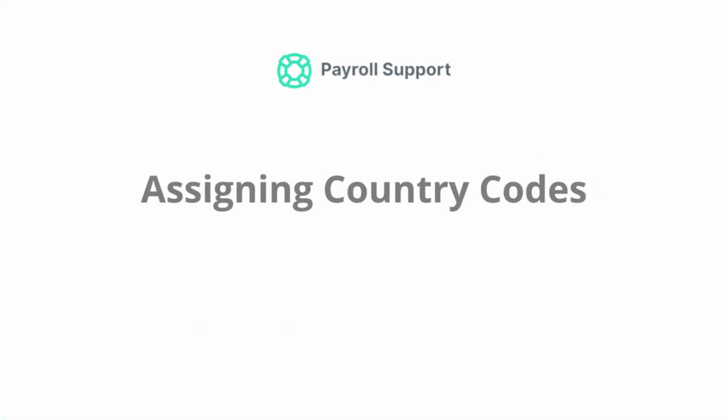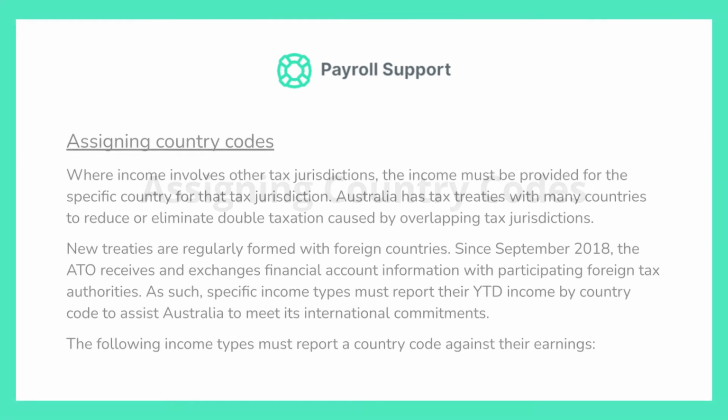Assigning country codes. Where income involves other tax jurisdictions, the income must be provided for the specific country for that tax jurisdiction. Australia has tax treaties with many countries to reduce or eliminate double taxation caused by overlapping tax jurisdictions. New treaties are formed regularly with foreign countries.